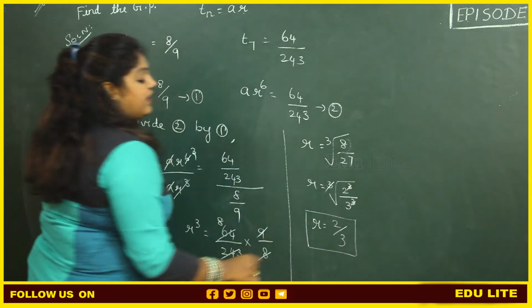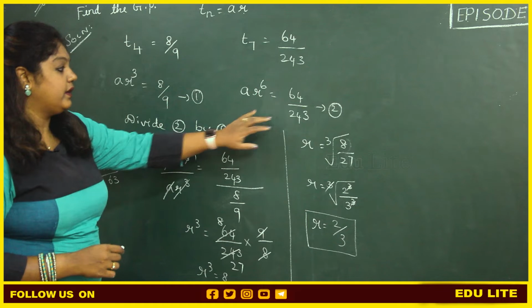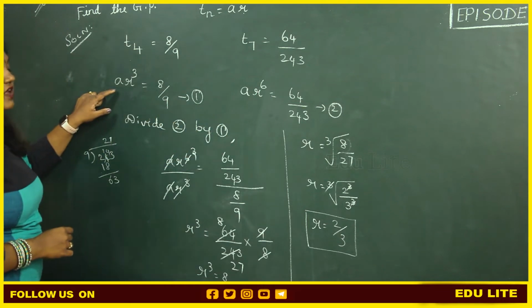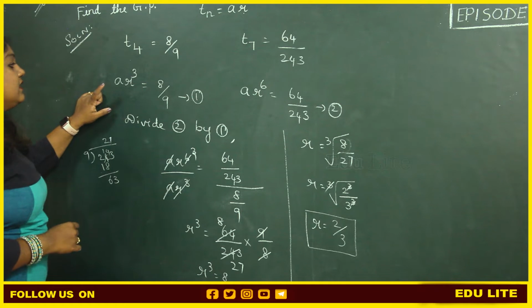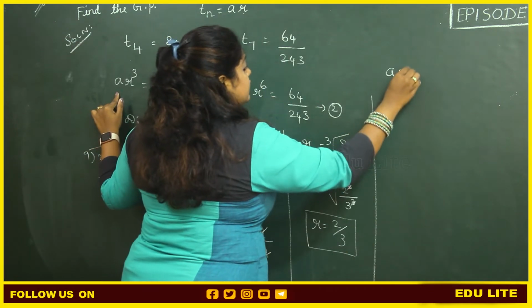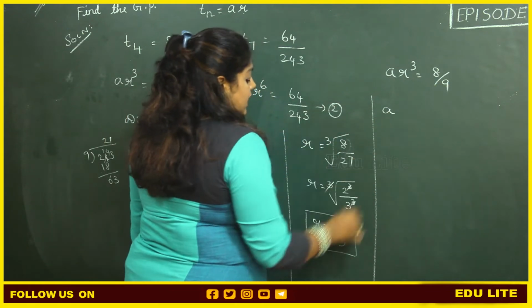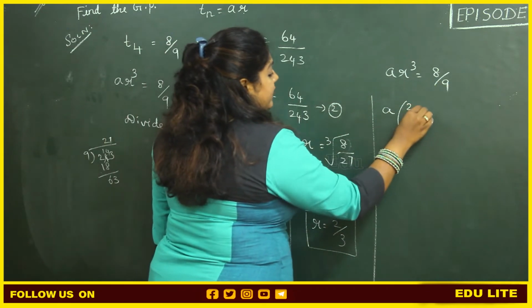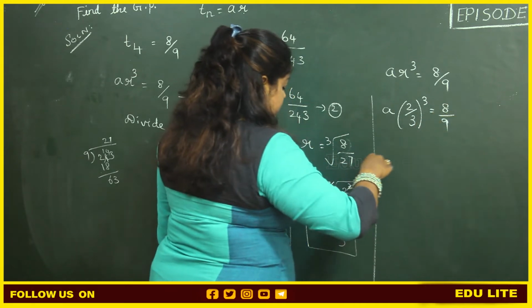With the value of r equal to 2 by 3, substituting this in any one of these equations, we can also find the value of a. I am going to substitute r equal to 2 by 3 in the first equation, which is a r cube equal to 8 by 9. So a into 2 by 3 cube is equal to 8 by 9.